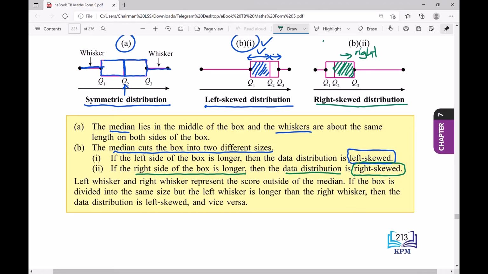And this one, the left whisker and the right whisker represent the scores outside the median.